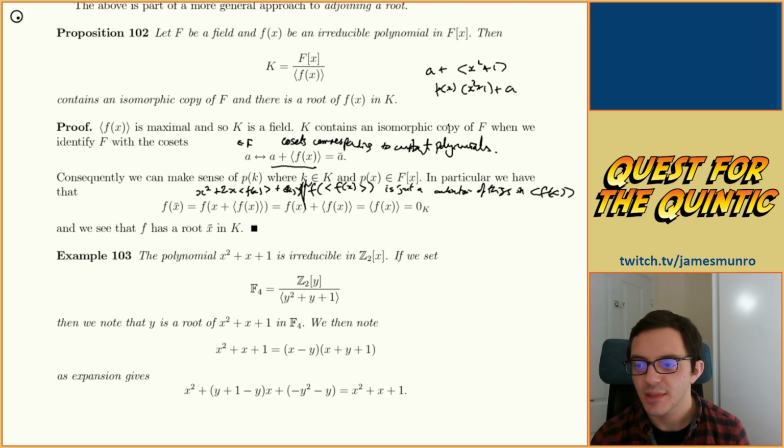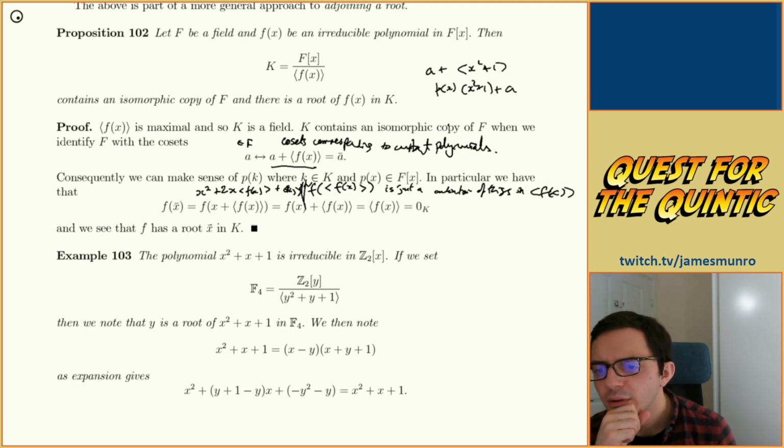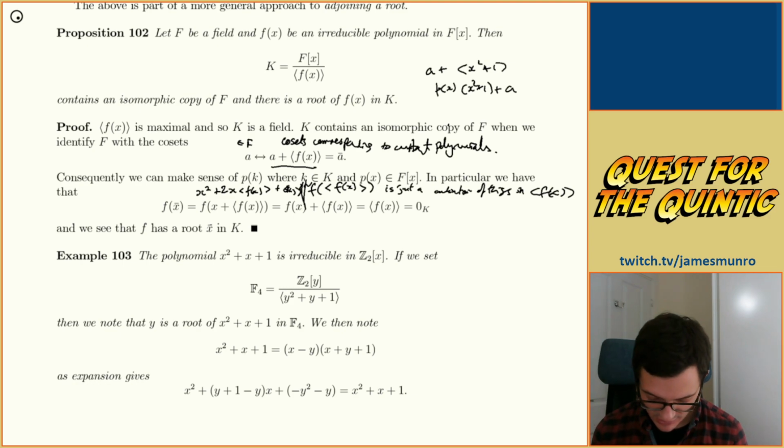Huh. What was I doing? I don't know why that means there's a root. I don't know why P's here and F's down here, never mind. Why does that mean that it has a root? Oh no, so this ideal is equal to 0?